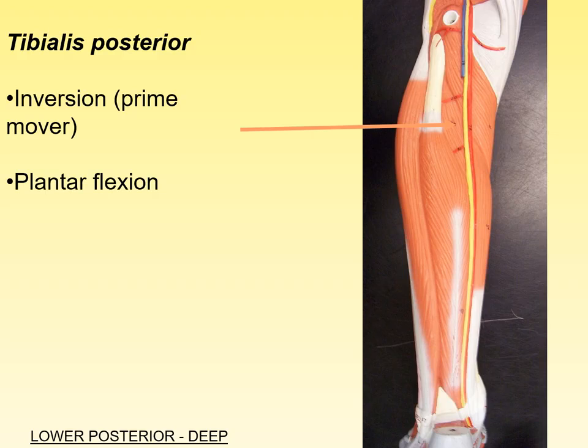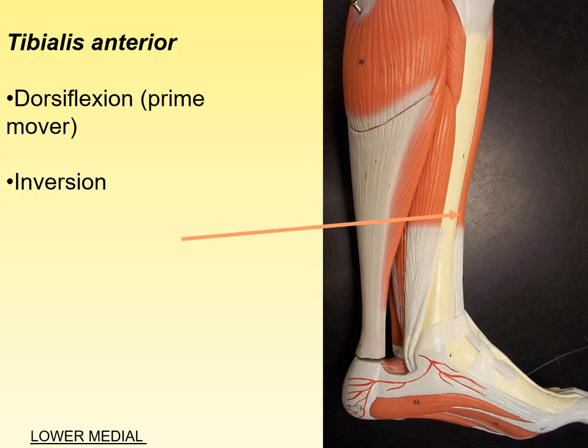Tibialis posterior, inversion is the prime mover, and then also plantar flexion. And then tibialis anterior, dorsiflexion is the prime mover, and then inversion as well. So once again, just like with the arm, you just need to go through and practice, whether it's with images, with the model pictures, etc., in being able to label the muscles.